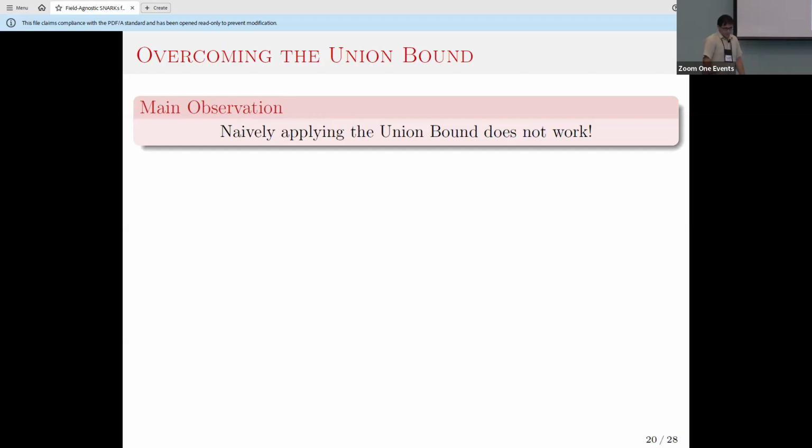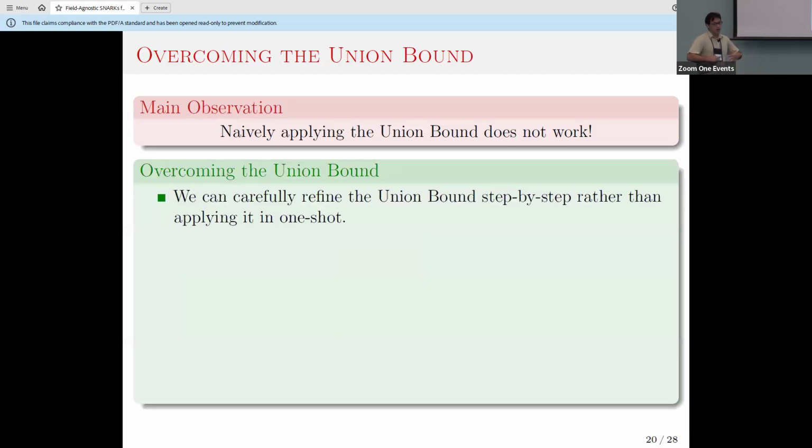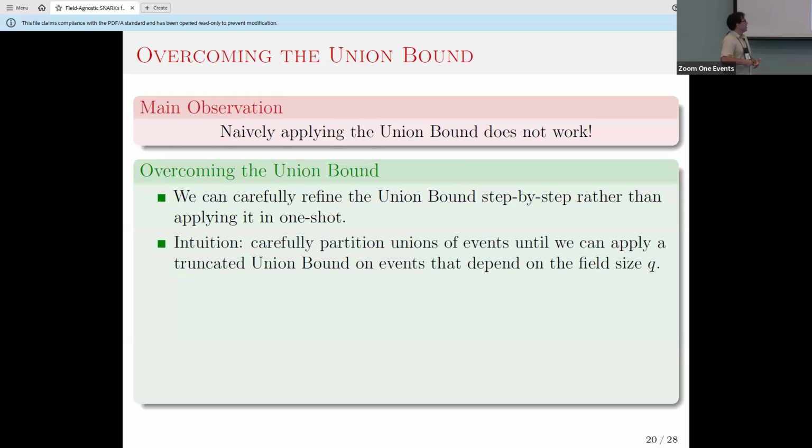We couldn't do that. I can't get into all the details on how we get around it, but I'll give you some intuition. Rather than applying the union bound in one shot, we partition the set of events used to analyze the minimum distance, and keep partitioning until we can split it into a set of events that depends on the field size q and a set of events that doesn't.